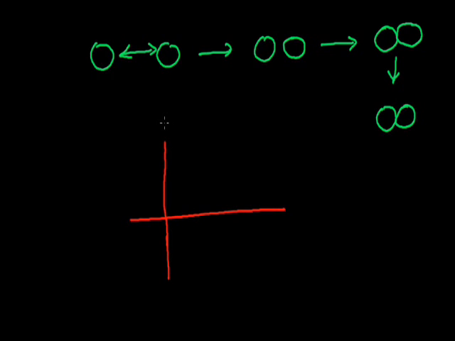Let us make a graph for potential energy on one axis and internuclear distance among hydrogen atoms on another axis.